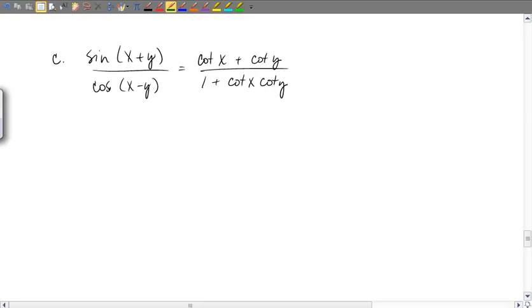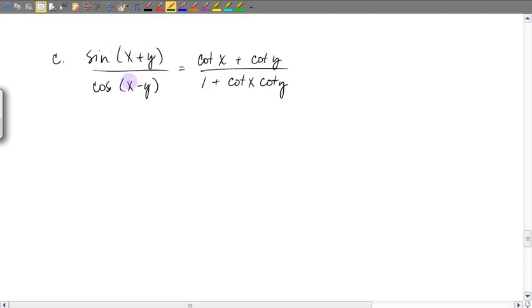Remember, we're trying to determine which of these two sides is more complicated. It turns out that the right-hand side in this particular case is more complicated. If I were to use my sum identity for sine and expand this out, that creates a rather complex looking problem.